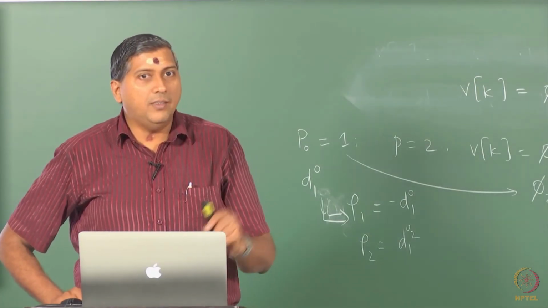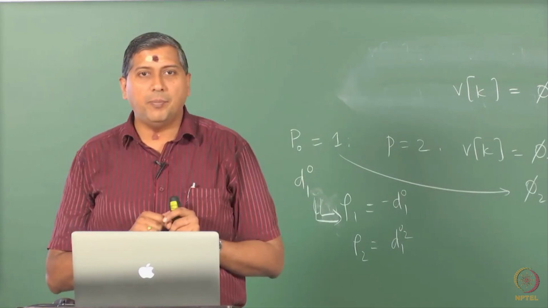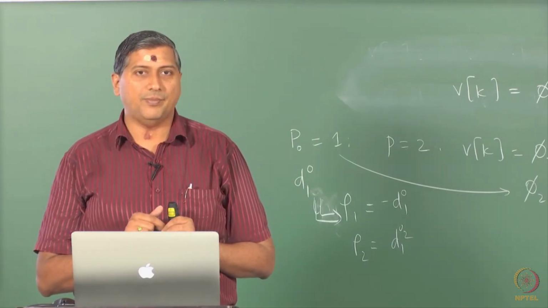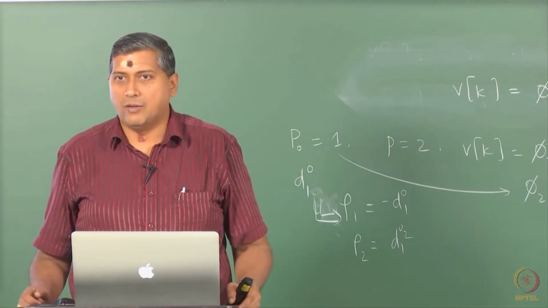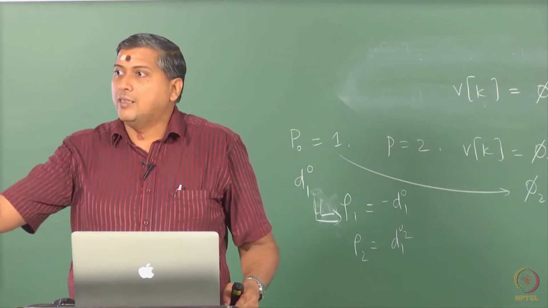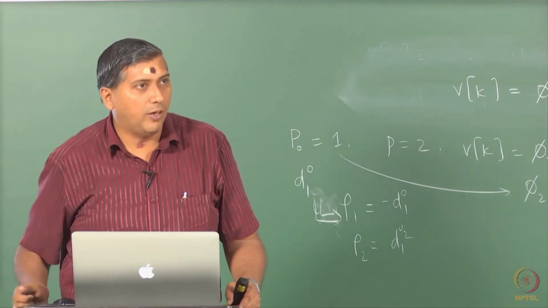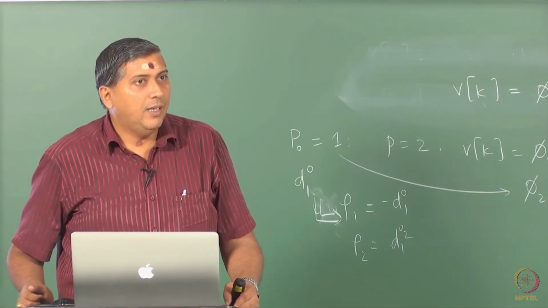Okay. So, which means phi 2 2 is nothing but the PACF at lag 2. Phi 1 1 is obviously the PACF at lag 1. PACF at lag 3 would be phi 3 3 and so on, right.